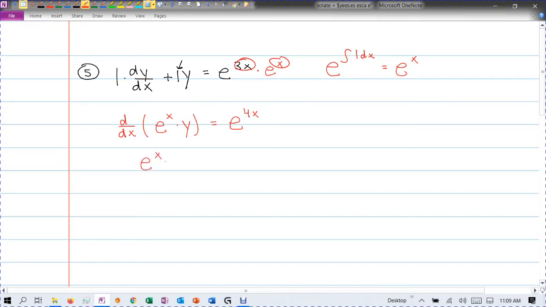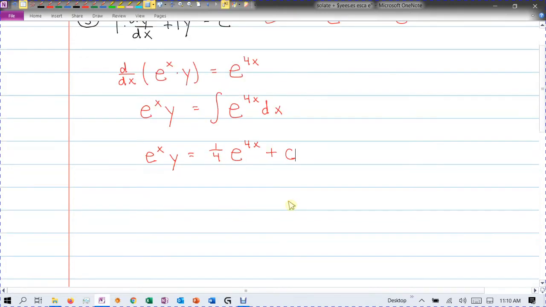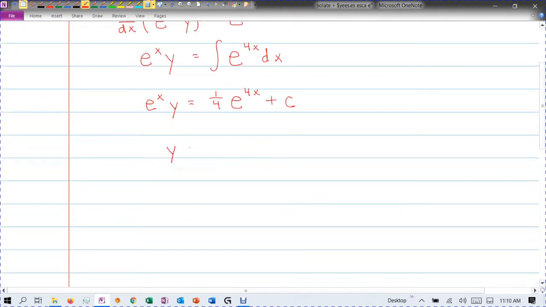So left-hand side is just this product, and then the right-hand side, we have to integrate e to the 4x dx. That is an integral that I would expect you can do. We'll get a 1/4 out here, e to the 4x plus c, and now divide through by e to the x. So when I divide through by e to the x, I get 1/4, and then plus c e to the negative x, again bringing that e to the x from the denominator up to the numerator, and that should do it.